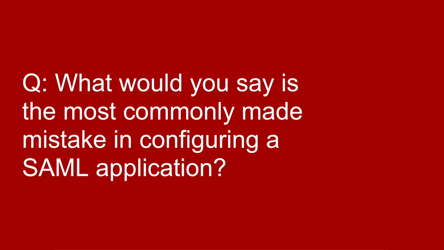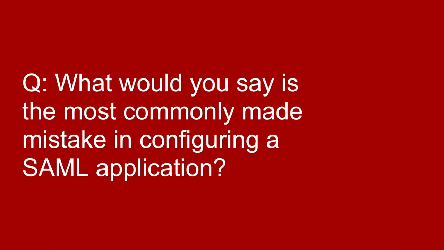The most commonly made mistake in configuring SAML applications, I think the challenges come from figuring out what the service provider requires, because not all service providers are the same. They all require different attributes in different settings. For example, some service providers require the name ID, the format of the username, to be sent over in a specific format, such as UPN or mail or SAM account name.